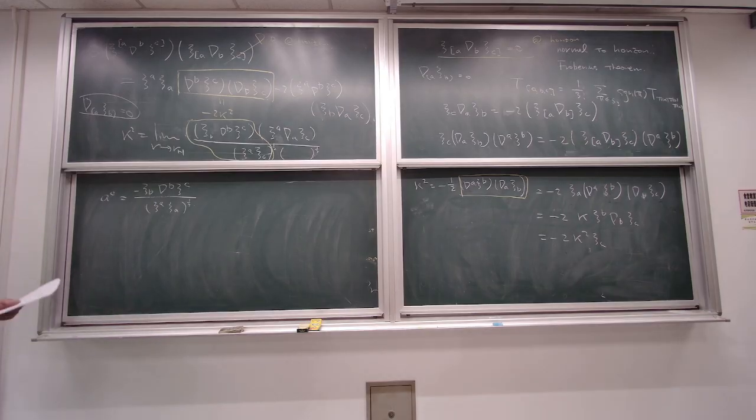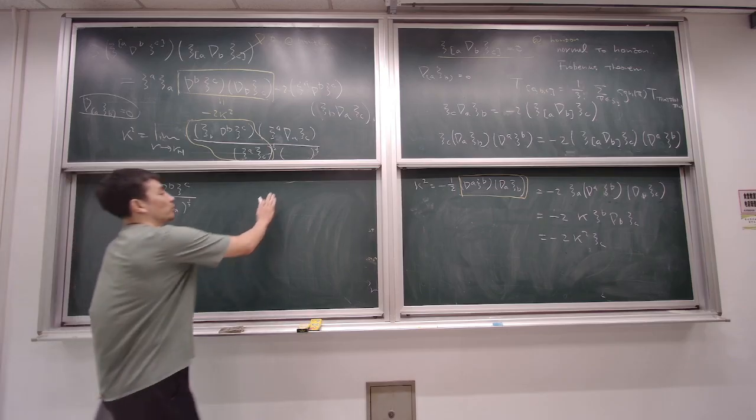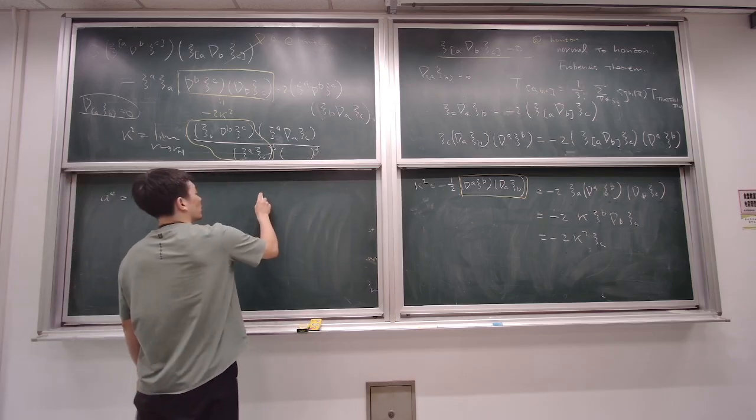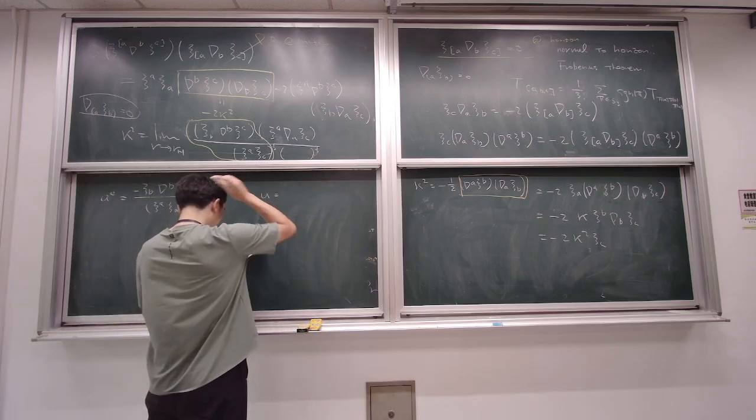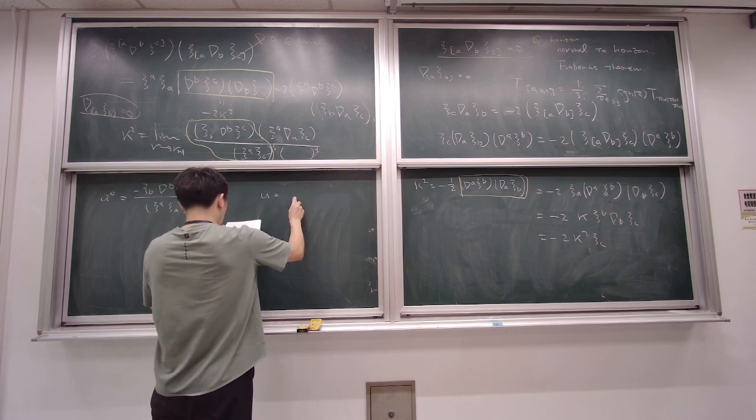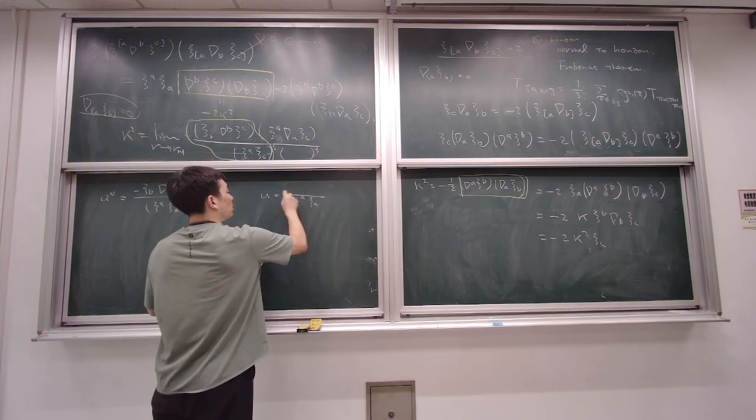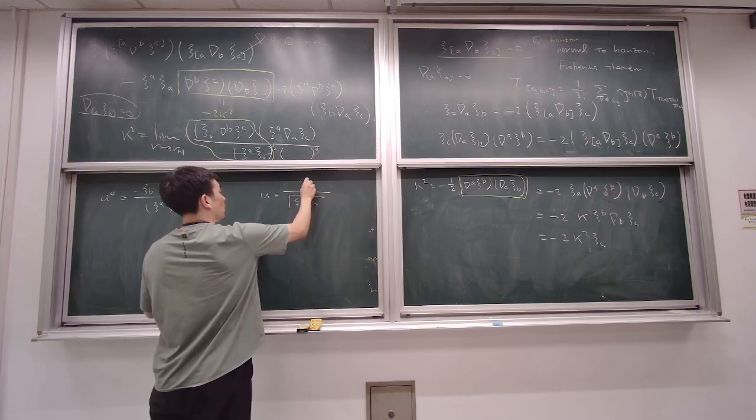So this is in fact equal to as follows. Consider u, the properly normalized vector, so this is CA over the square root of CA CA, like this.